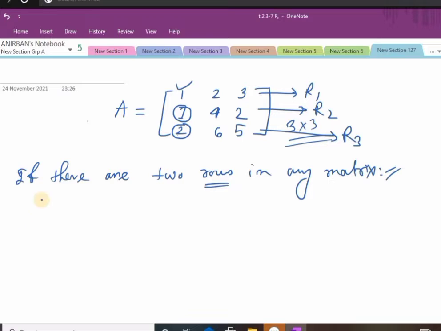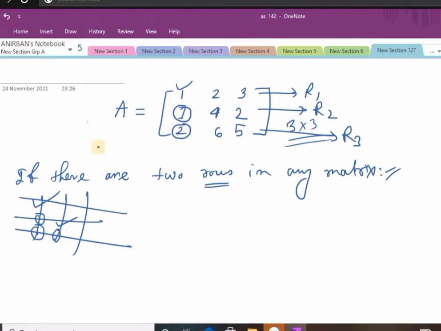Here we have a 3 cross 3 matrix. At first you have to make these two elements 0 by the help of this element. Then you have to make this element 0 with the help of this element. So we will follow this procedure to determine the rank of the matrix.